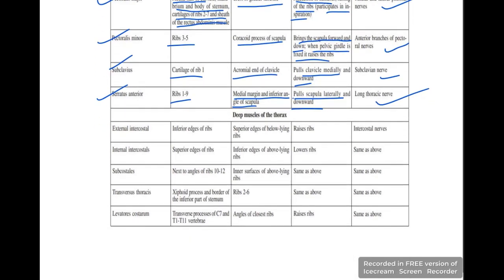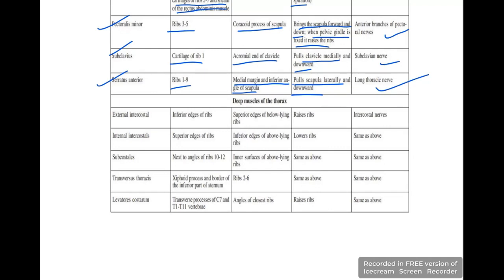Now next are the deep muscles. Now deep muscles: there are external intercostal muscles, internal intercostal muscles, subcostal muscles, transversus thoracis and levator costarum. Now from these terms like external, internal, intercostal, subcostal, transversus thoracis, you would easily get where the position of these muscles is.